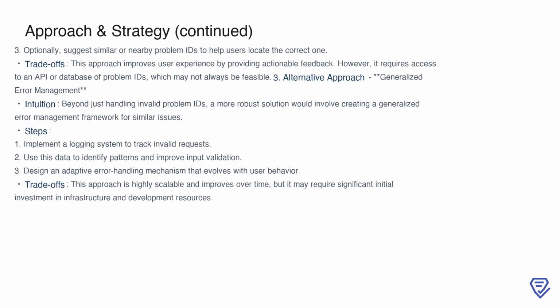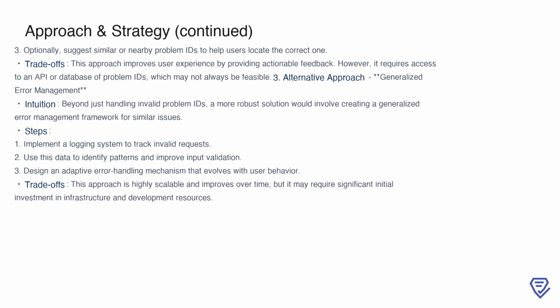Alternatively, a more generalized approach to error management could be considered. This involves creating a framework capable of handling not just invalid problem IDs, but a wide range of similar issues. The first step would be to implement a logging system that tracks invalid requests, allowing us to analyze patterns over time.